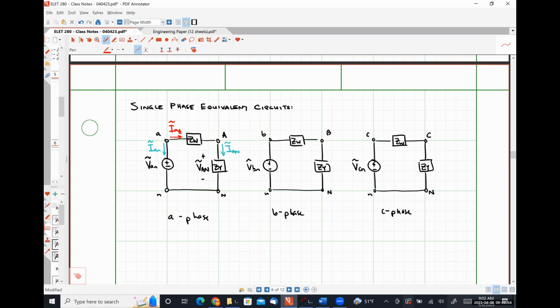These are the four quantities that we can solve for directly.